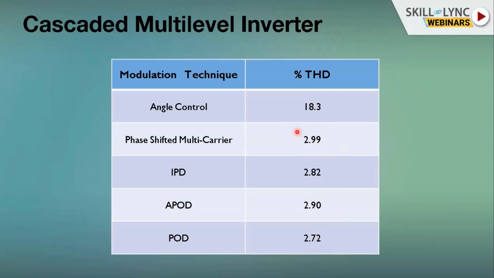But when you do this type of analysis, you must be very sure that you keep all the parameters ideally the same. The number of levels have to be the same, your carrier frequency has to be the same, and the peak amplitude and frequency of your modulating waveform have to be the same. Then and only then can you do this type of comparison.